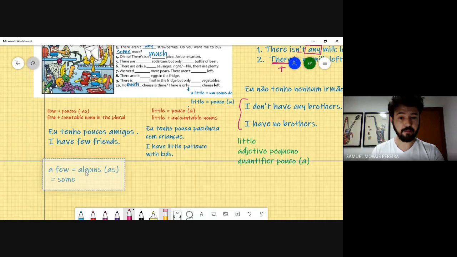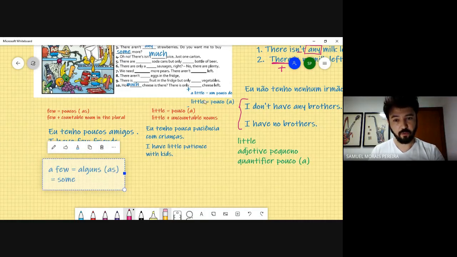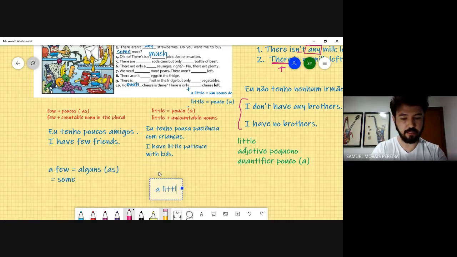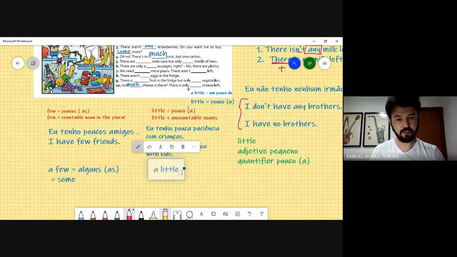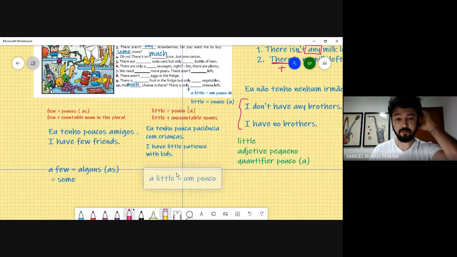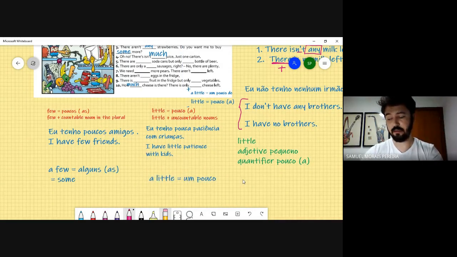And as I told you before, we can also use the article a before the word little. So in English, we also have the expression a little. And the translation of a little is pouco, de algo. And what you have to understand here is the perspective, okay?